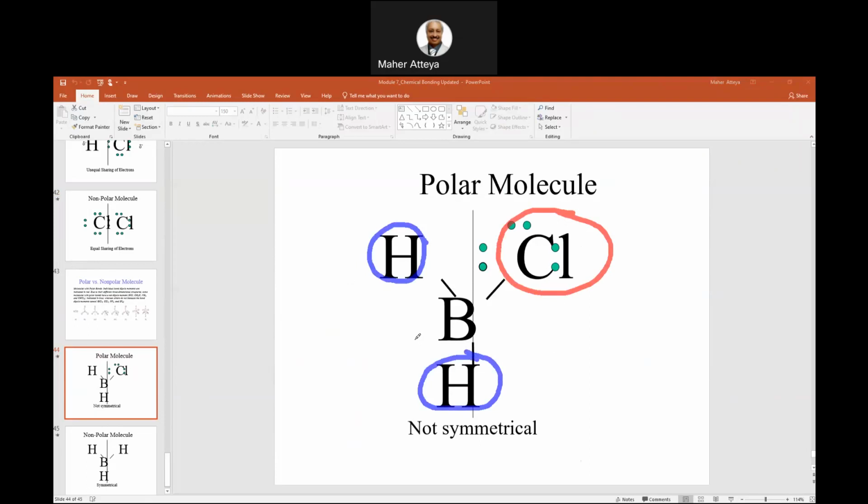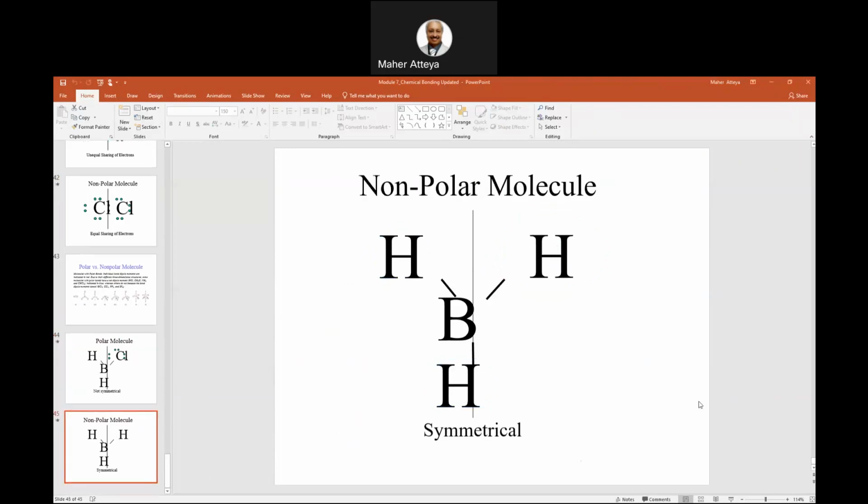Not symmetrical, not equal atoms, so this is polar. But if you have something looking like this, what do you think? This is non-polar. Why? Because you have hydrogen, hydrogen, hydrogen.